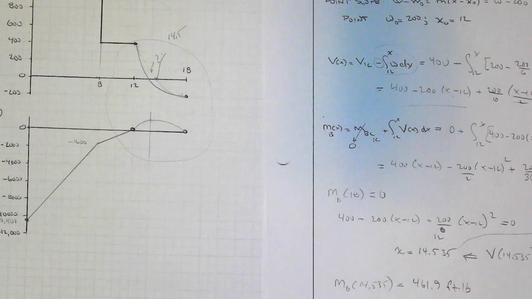In fact, I would note that in terms of how I drew this, here's 12, 13, 14. This actually should be more like this. This point here is going to work out to 14.5, and I actually drew it at 13.5. So it's a little off.